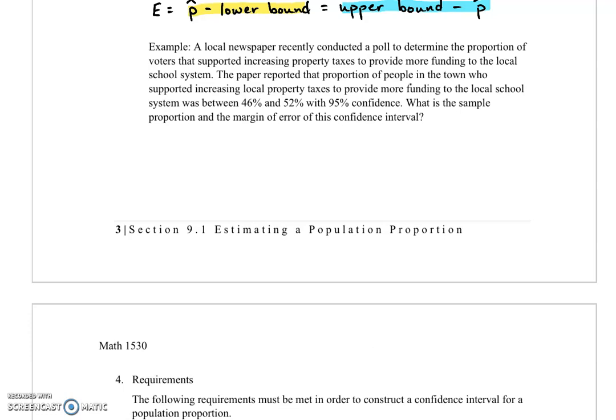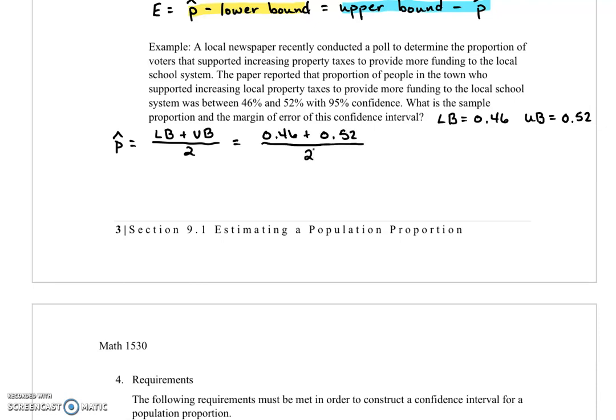Okay, well, our lower bound is 0.46, and our upper bound is 0.52. Remember, p hat is the lower bound plus the upper bound divided by 2. So that is 0.46 plus 0.52 divided by 2, which gives us 0.49.